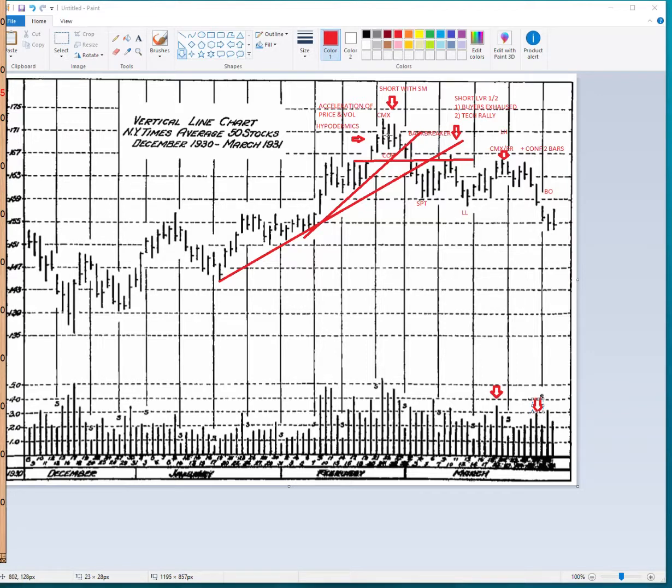He took the short position on the halfway back, but this is not a normal halfway back. What you'll see is people just buying the 50% or 68% retracement. This has nothing to do with that.